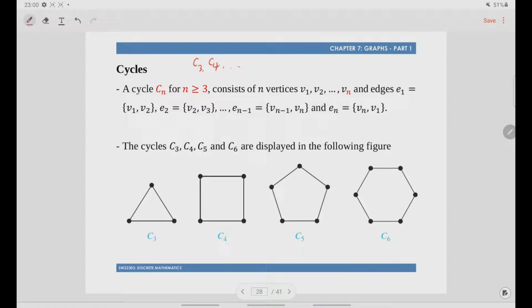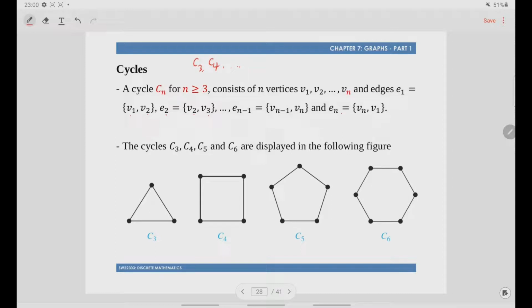A cycle Cn consists of n vertices, and edge E1 contains V1, V2, edge E2 contains V2, V3, and up to edge En-1 equal to Vn-1, Vn. For the edge En, we have Vn, V1.